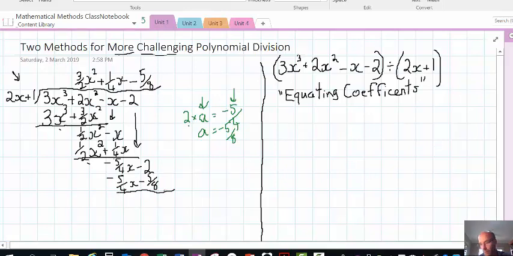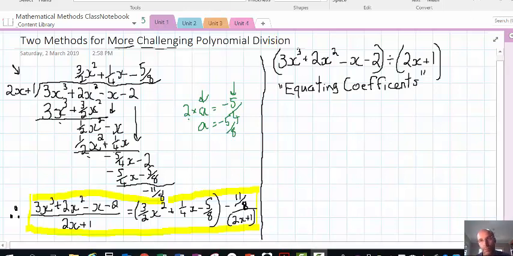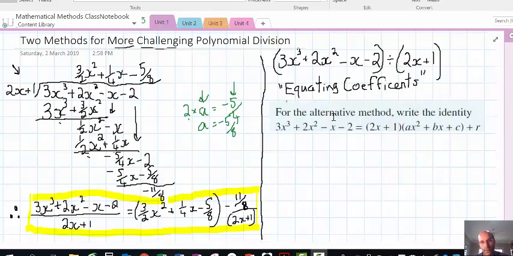The x's are eliminated, and we've got negative 2, which is negative 16 on 8, minus negative 5 on 8 is negative 16, plus 5 is negative 11 on 8. Alright, and that's our remainder. So we've got our answer there. And I've just popped the answer written in the correct way there from the previous video that you'll remember.